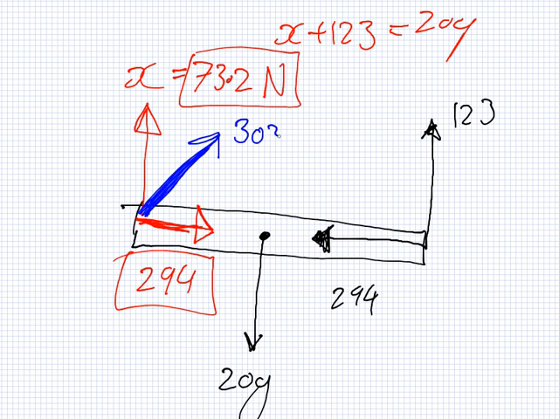That's 303 newtons. And the angle is tan inverse 73.2 divided by 294, which is 14 degrees.